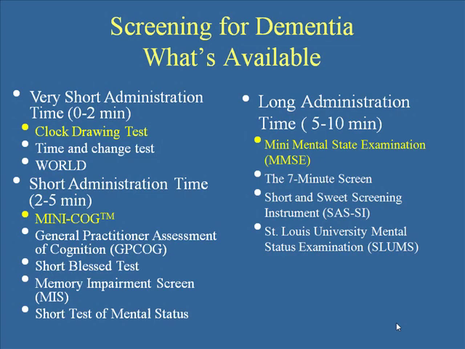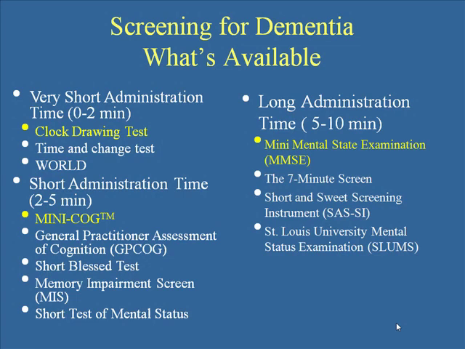And I've organized a number of the available screening tools in terms of their time of administration, just to help you reflect on them. Now, the three that I've highlighted in yellow, the clock drawing test, the Mini-Cog, and the Mini-Mental State Examination, are tests that we're going to discuss together in some detail.